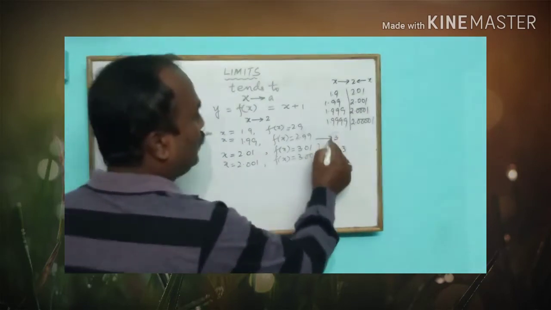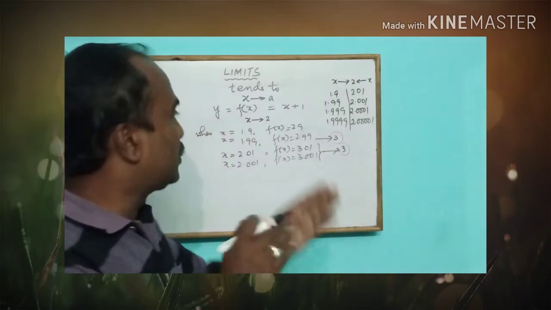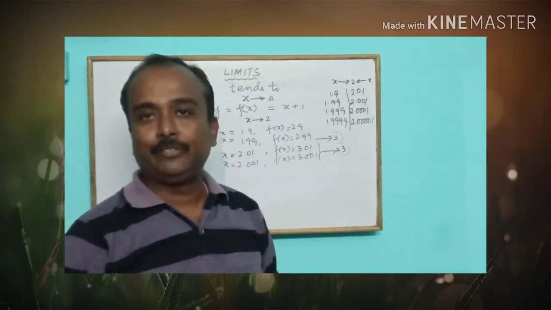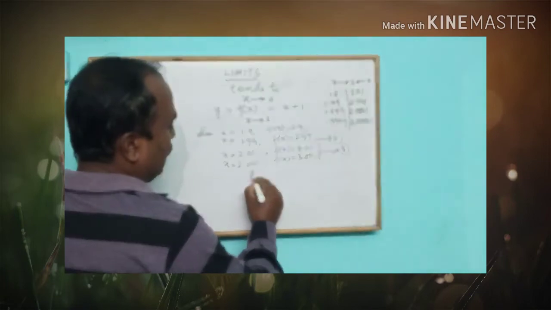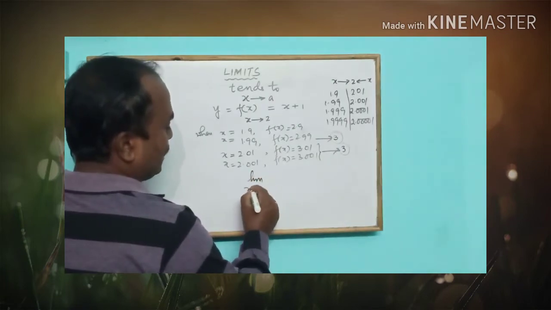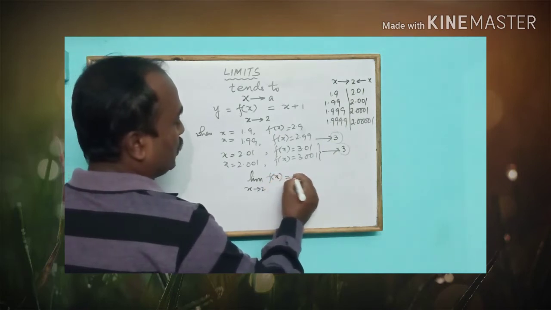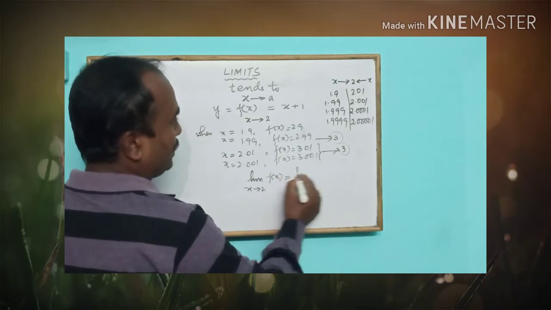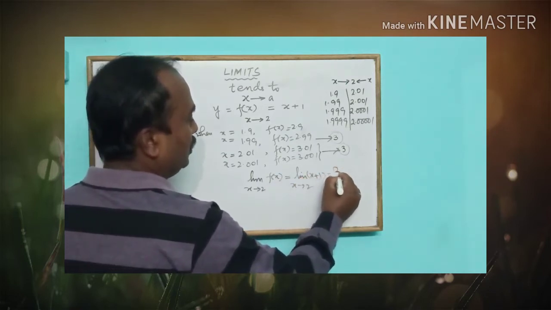This number 3, which we have achieved by approaching the number x towards 2, is known as the limit of the function. And we write it like this: limit of x tends to 2 f(x) equal to limit x tends to 2 of x plus 1, which is equal to 3.